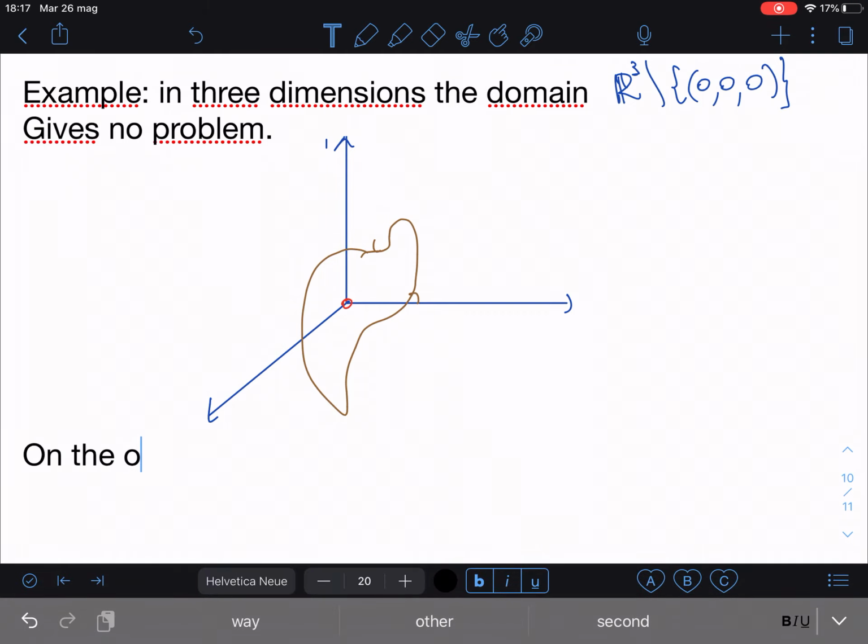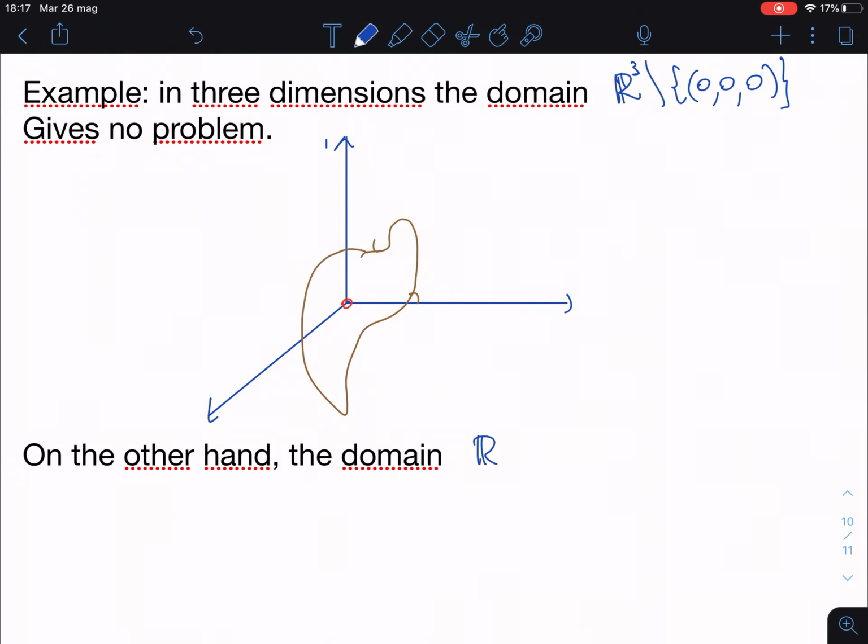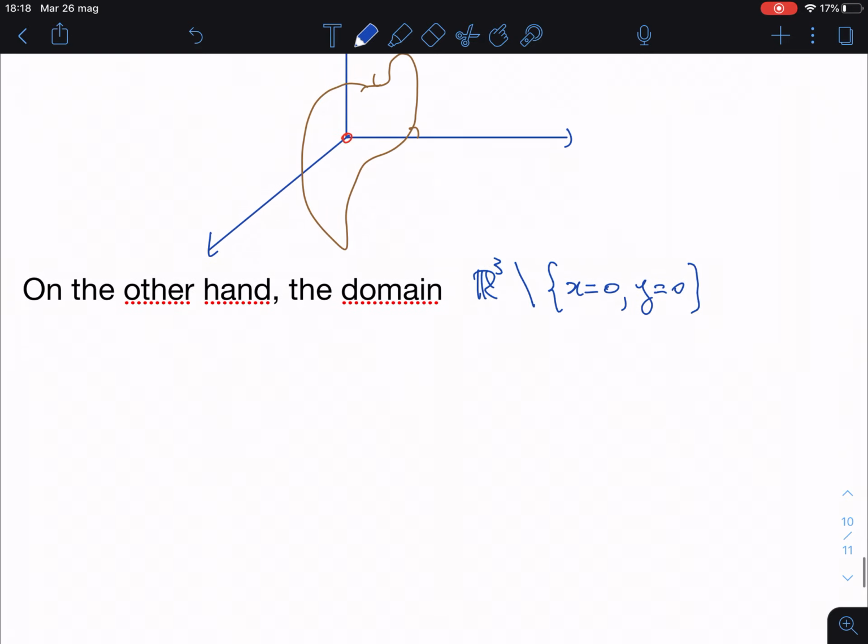On the other hand, the domain, which is, for instance, R3 minus the z-axis, so x equal to 0 and y equal to 0. So this time what you cancel from your domain are all the points of the z-axis. The z-axis is missing here. All other points are there, but not the points of the z-axis.